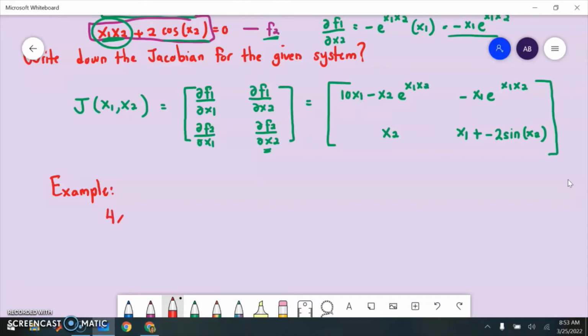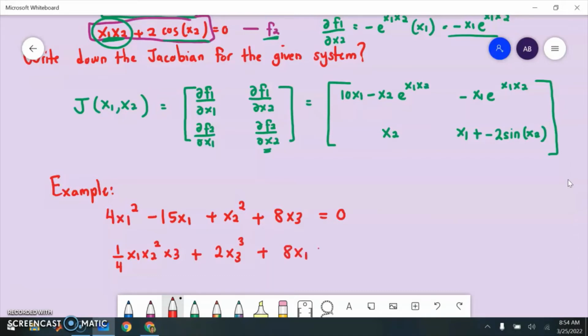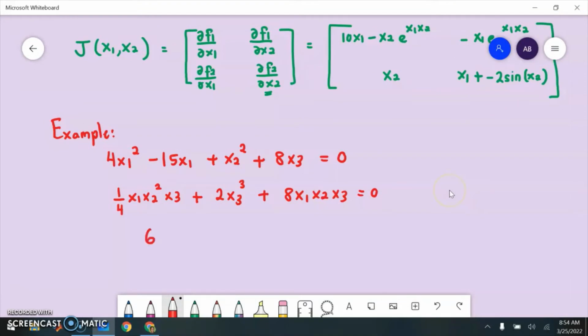Okay, let's do this. 4x1 squared minus 15x1 plus x2 squared plus 8x3 equals 0. 1 over 4 x1 x2 squared x3 plus 2x3 cubed plus 8 x1 x2 x3 equals 0. x1 squared x3 plus 8 x2 x3 squared minus 3 cos x1 x2 equals 0.